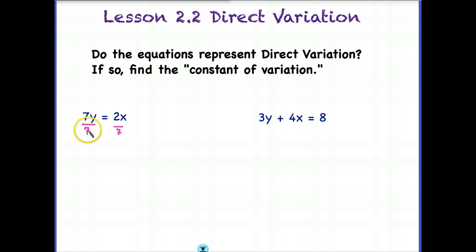And we would write our new equation. 7 divided by 7 is just 1, so those are gone, and we're left with y equals 2 over 7 times x. Well, I don't see a y-intercept on the end, right? We have plus 0, so this one is definitely, yes, this is direct variation.